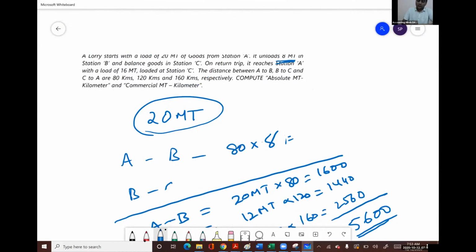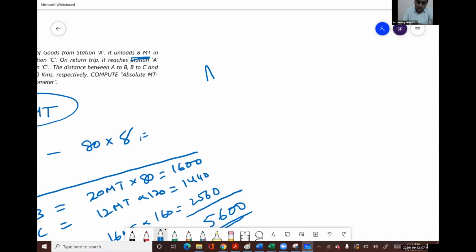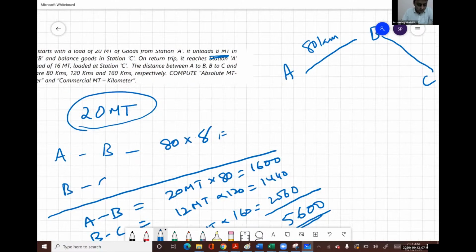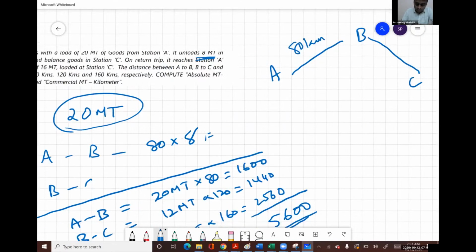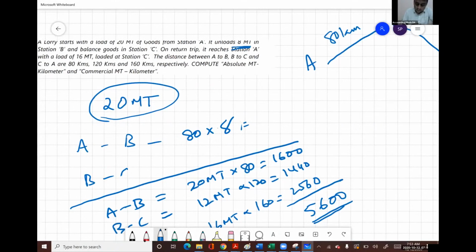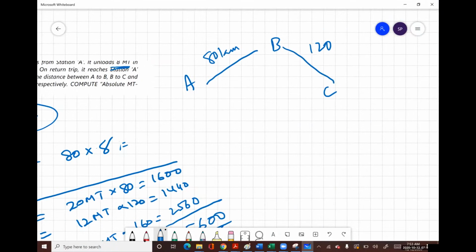So they are going A, B, C, correct? Yes, sir. This is 80, isn't it? Yes, sir. And this is 120 kilometers. And this is 160.